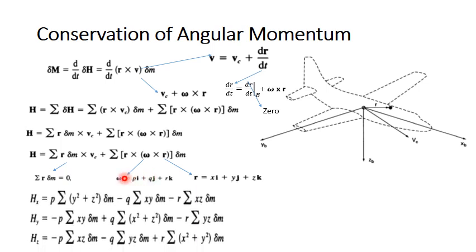By substituting these angular velocities and the components of the position vector r into the h equation, take care that h is the angular momentum, and Newton's second law is talking about the rate of change of angular momentum. So now we are preparing h, the angular momentum. The x component of h is this equation, the y component is this equation, and the z component is this equation.